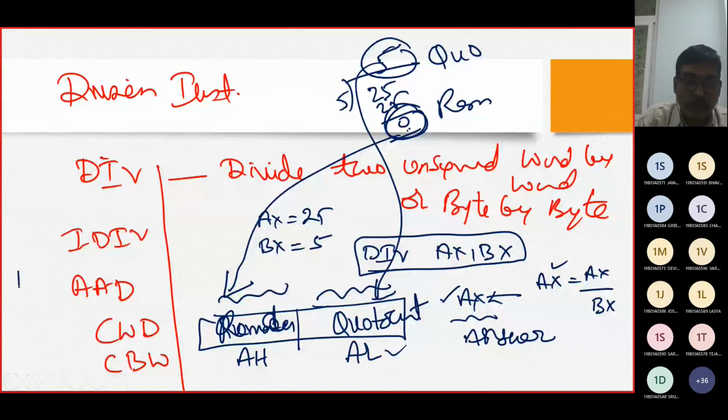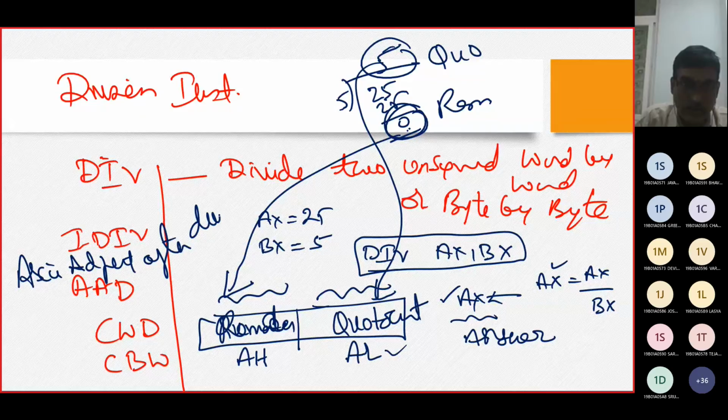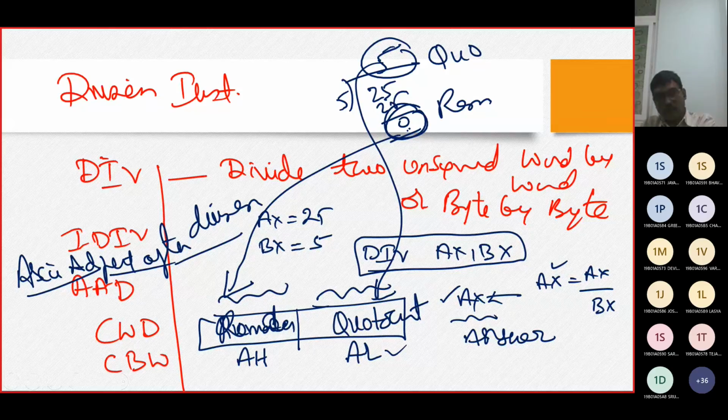Then the other interesting thing was the ASCII adjust after division. The simpler idea is that we have an ASCII number, and we check whether it is between 0 and 255.